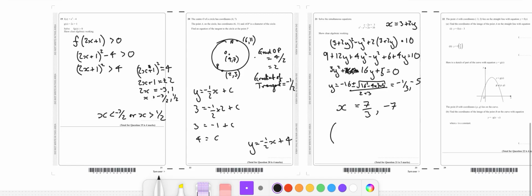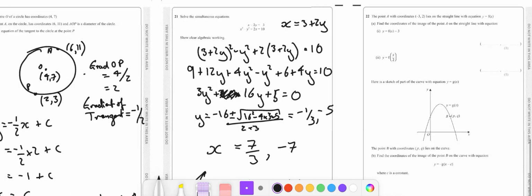So, well, they go together. So when x is minus 7 over 3, y equals minus a third. And when x equals minus 7, y equals minus 5. There we go.